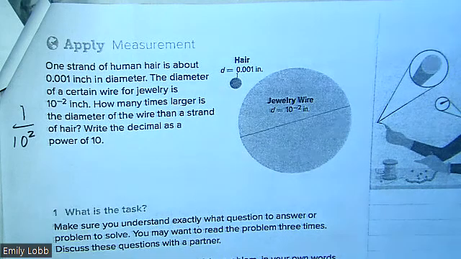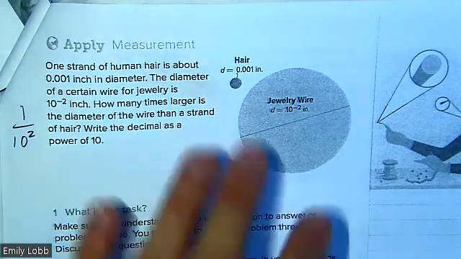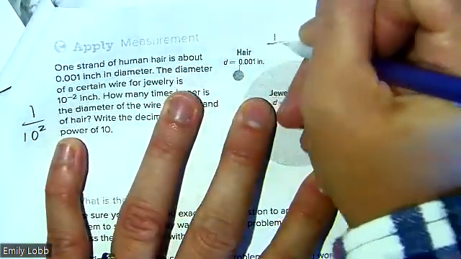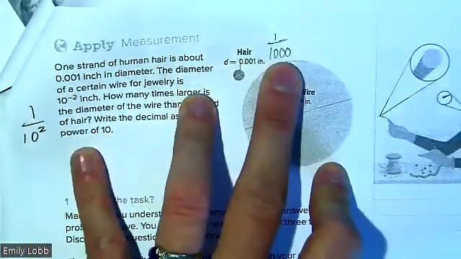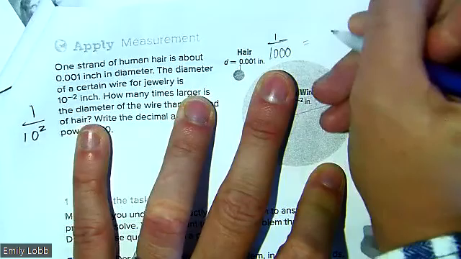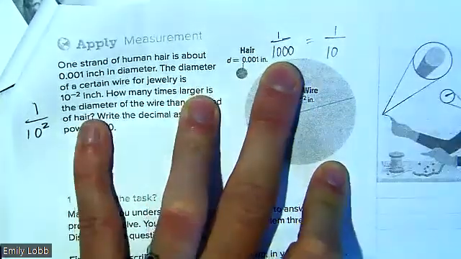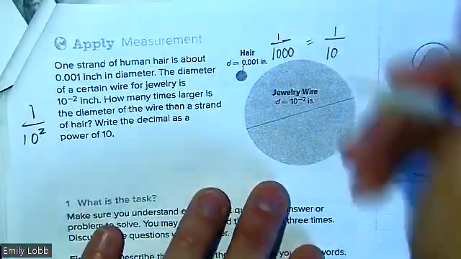How could I write 1,000 as a fraction? 1/1,000, right? So how could I write 1,000 as a factor of 10? How many zeros are there? 3.